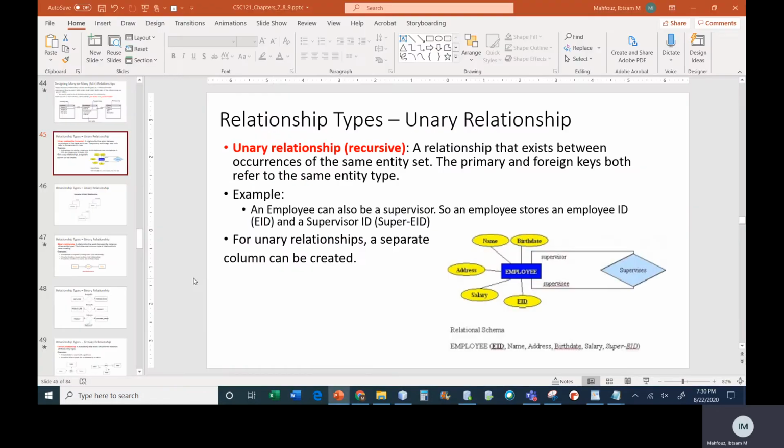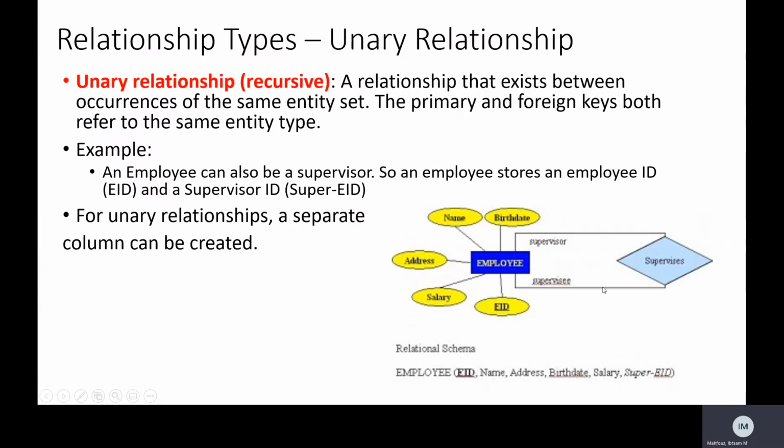So here I am storing a reference to a primary key that exists in my own table. This is an example of a unary relationship, a relationship that exists between occurrences of the same entity set. The primary and foreign keys both refer to the same entity type, the employee table. This picture shows the same example, where an employee is supervised by another employee.